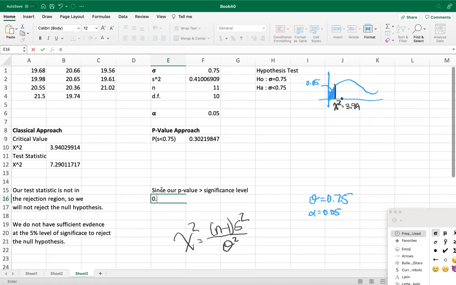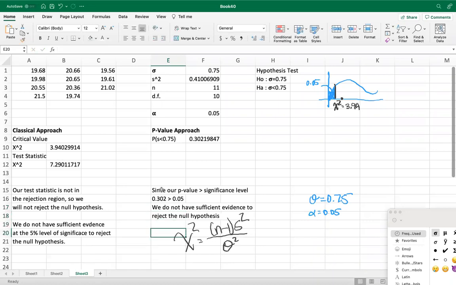So 0.302 is greater than 0.05. We do not have sufficient evidence to reject the null hypothesis.